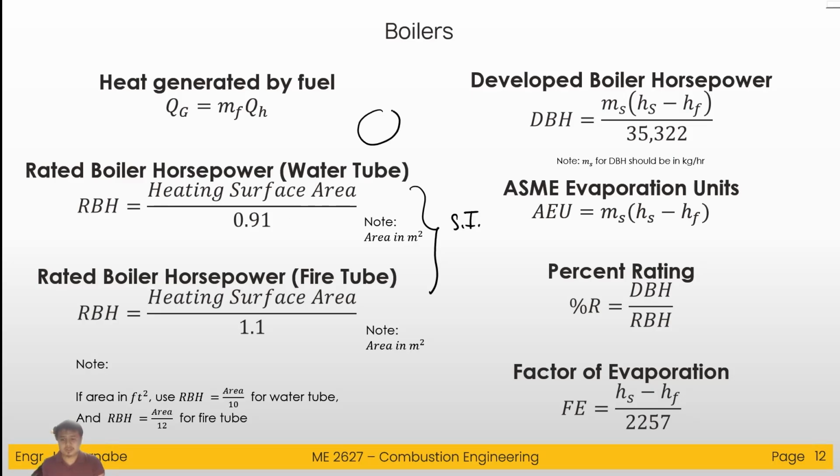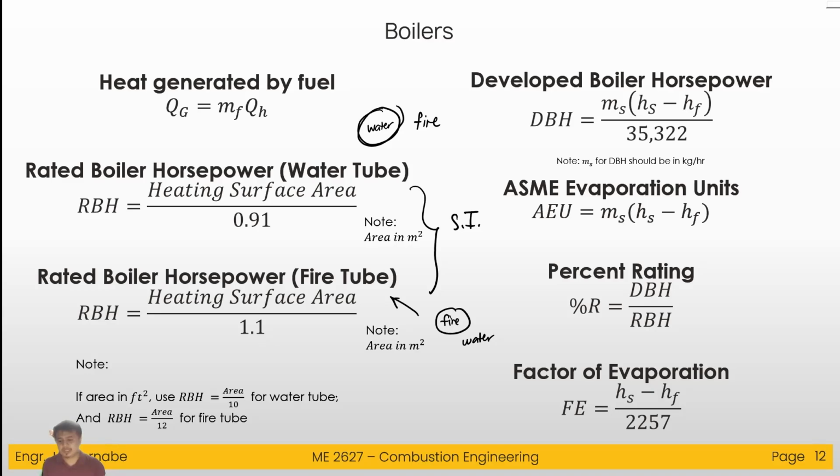Remember that in a water tube, the one inside the pipes is the water, and the fire is outside. For fire tubes, we have the same thing, but this is divided by 1.1. For fire tube, we have the fire inside and the water is outside the pipes.